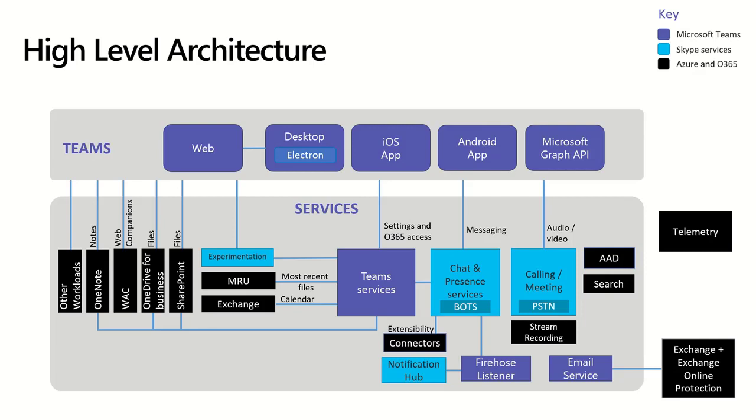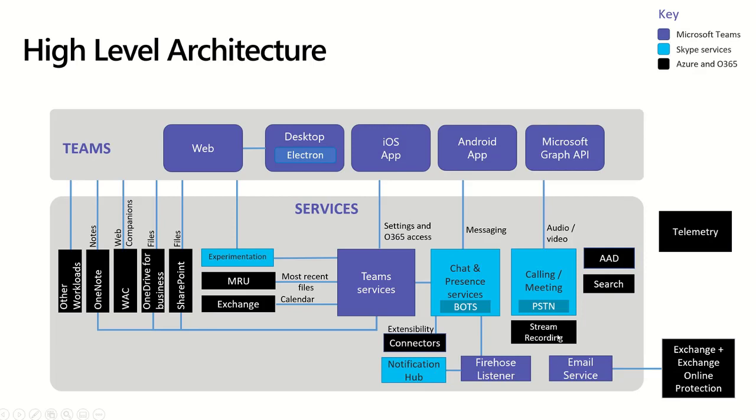So when somebody comments on a message that you posted, when somebody comments on a message that you've participated in, when somebody likes one of your messages, for every single message, we have to figure out how to update a set of people in their activity feed. That notification hub and the Firehose listener is what powers that. The Firehose listener listens to everything, and then it farms out a set of notifications to n different users for every single message.